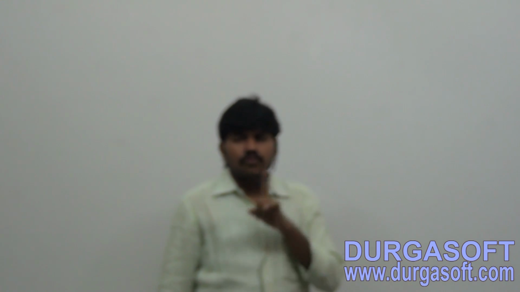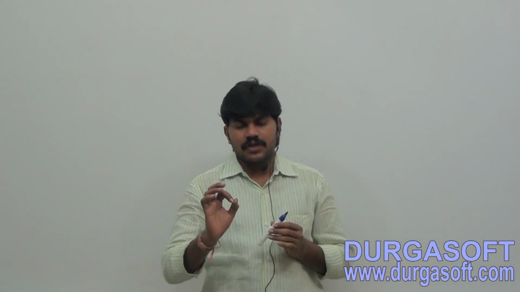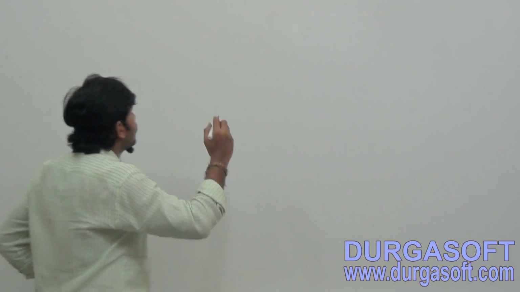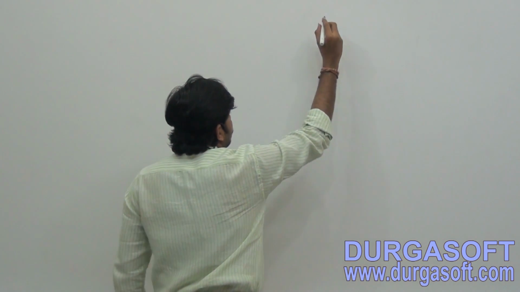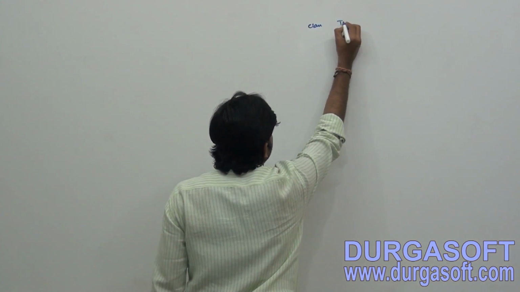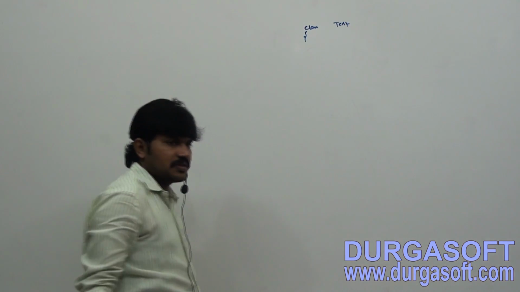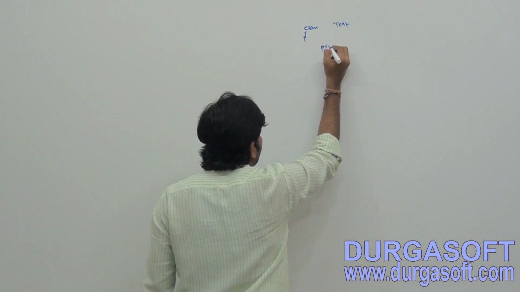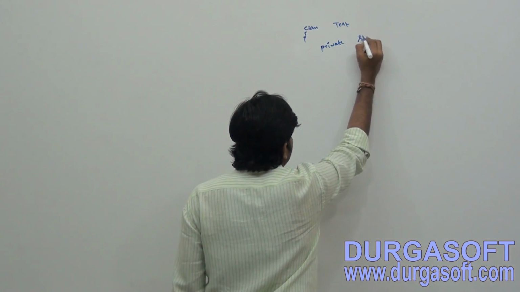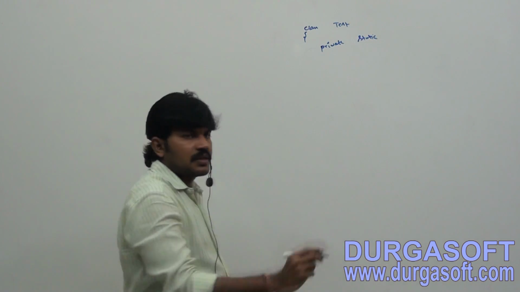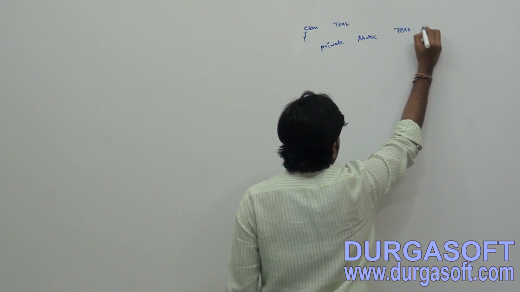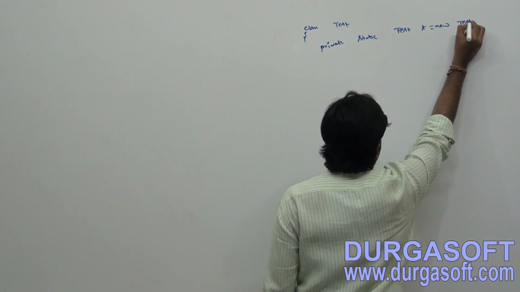Sure, we can create our own singleton class. There are two approaches, of course. For this we have to use a private constructor. Approach one, let me explain. I am taking class Test, and there is one variable, private static Test t is equal to new Test.